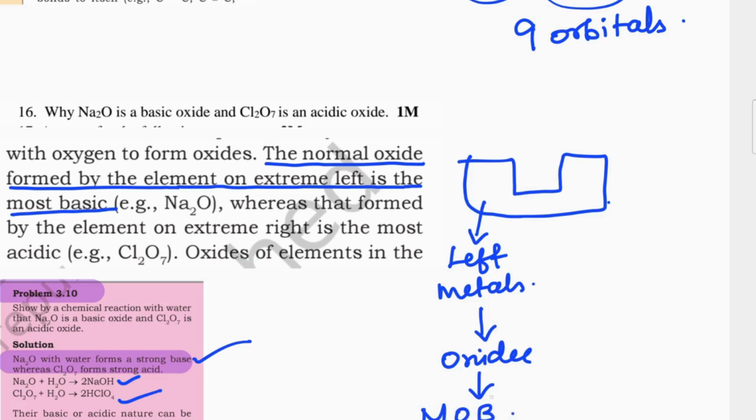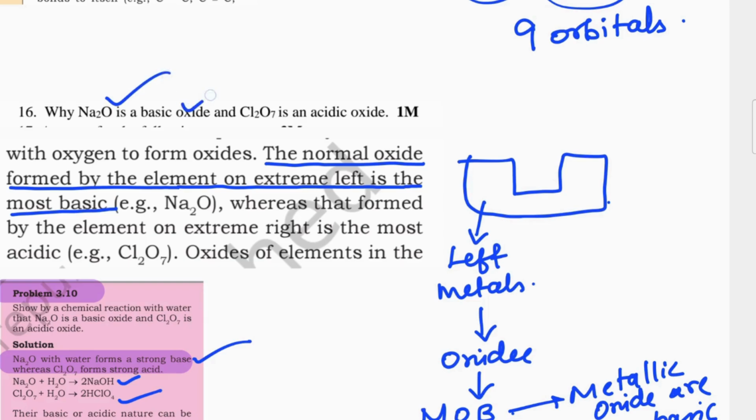I told you to remember MOB: metallic oxides are basic. So that's why Na2O is a basic oxide, whereas Cl, chlorine, is present on the extreme right side, and most acidic in nature.